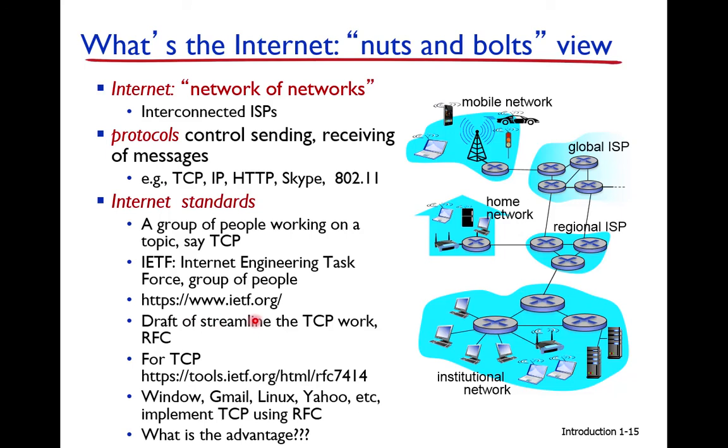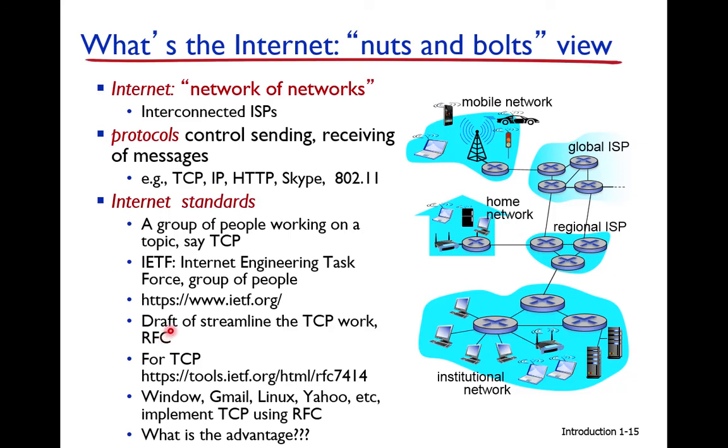They decide that the TCP protocol should work in step 1, step 2, step 3, up to step 10, by considering the pros and cons, the advantages and disadvantages, of all the people's work. Based on this, they develop a draft called an RFC, request for comments, and it is published worldwide.